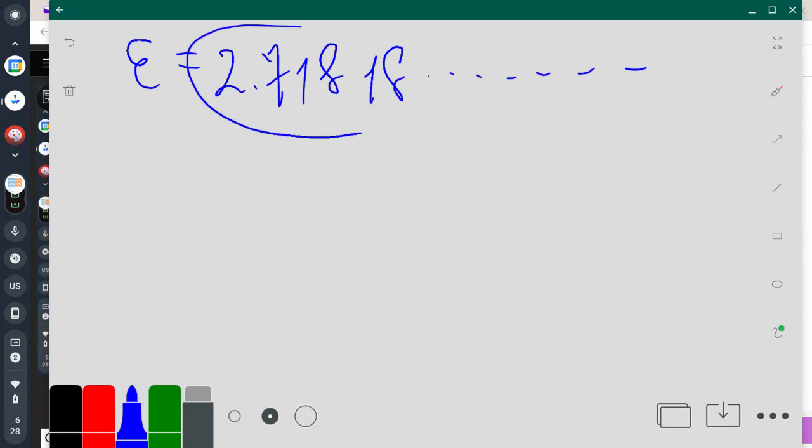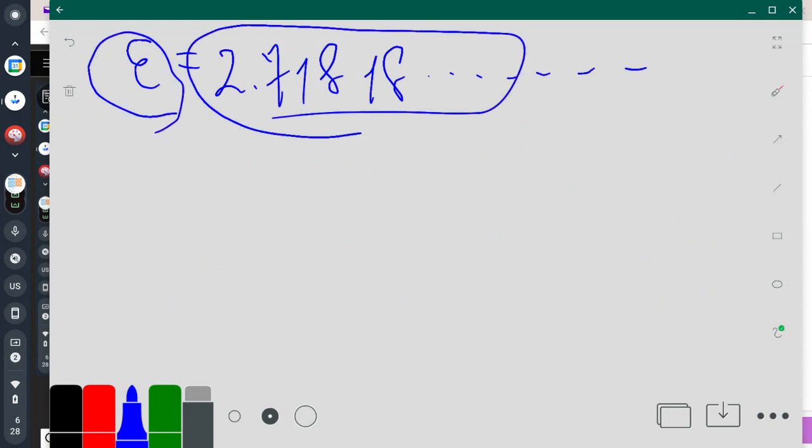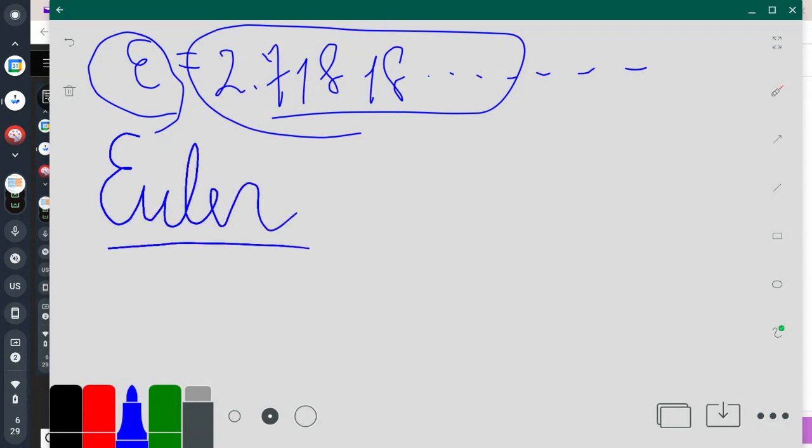But how did it come to have this name? How did such a number come to have that name? Because of the German mathematician named Euler. Because he discovered, or rather, he defined this number. It's not "Euler" the anglicized way, right?